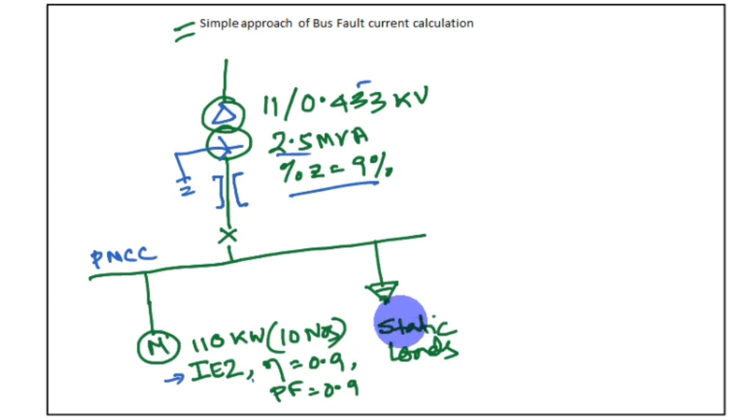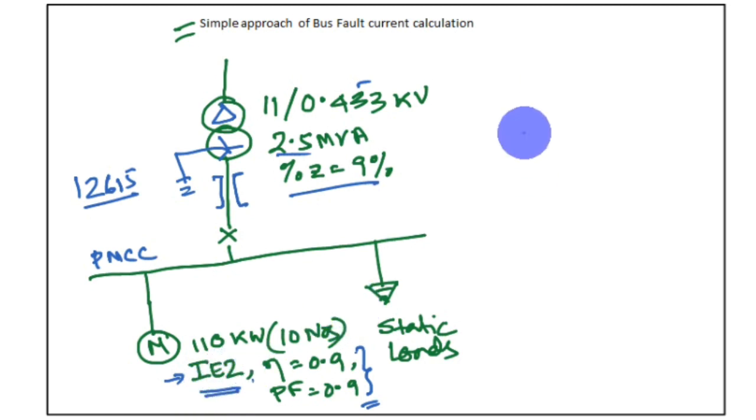Here I have assumed the power factor and the efficiency of the motor as 0.9, but you have to take the actual figures from IS 12615. Say we have considered IE2 motor.